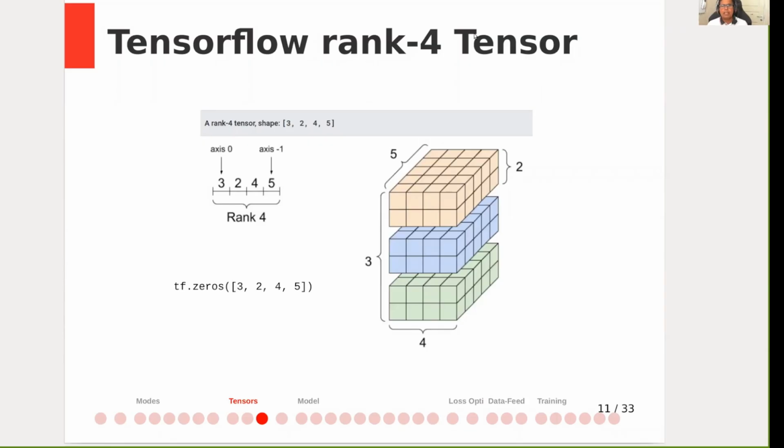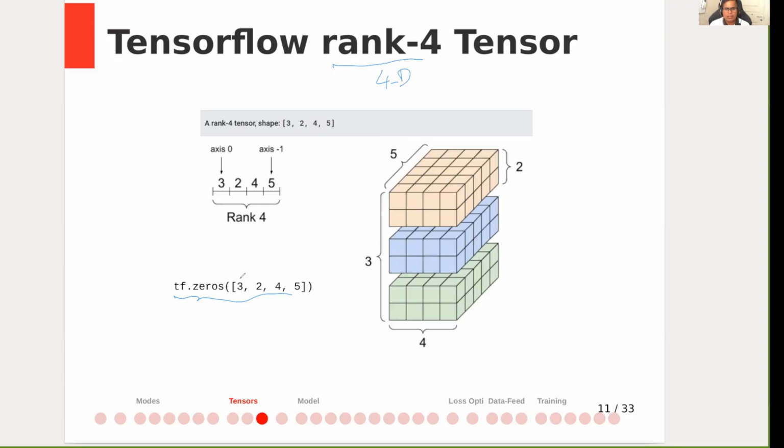So this is yet another example of a tensor. In this case, we consider a rank 4 tensor, or a 4-dimensional tensor. And in this case, the tensor has been created using the function tf.zeros. In this case, we specify the dimensions directly, not the contents.